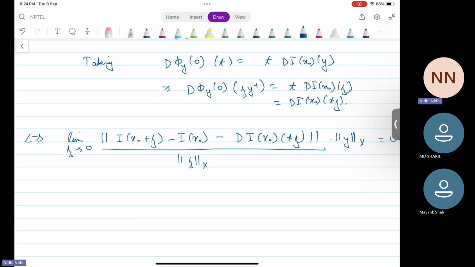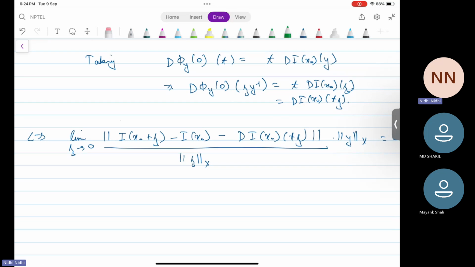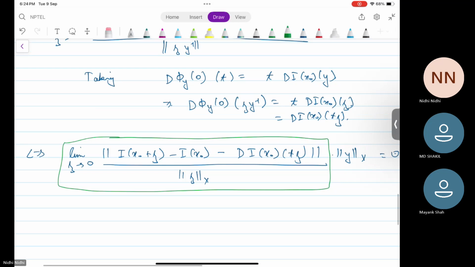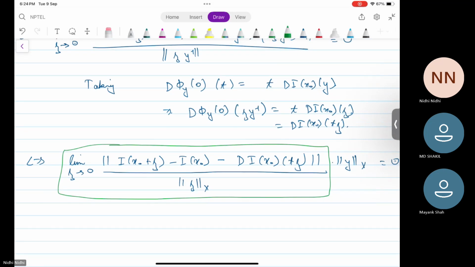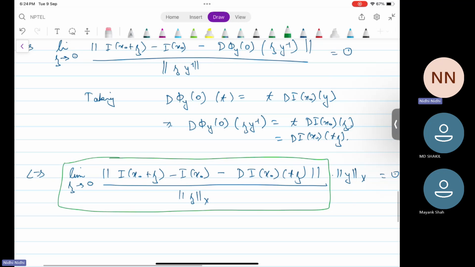Now since I is differentiable, this part will be 0. So I should get z here.